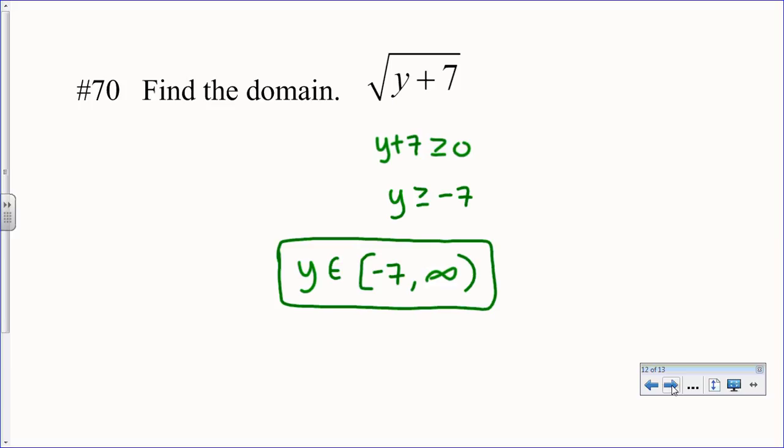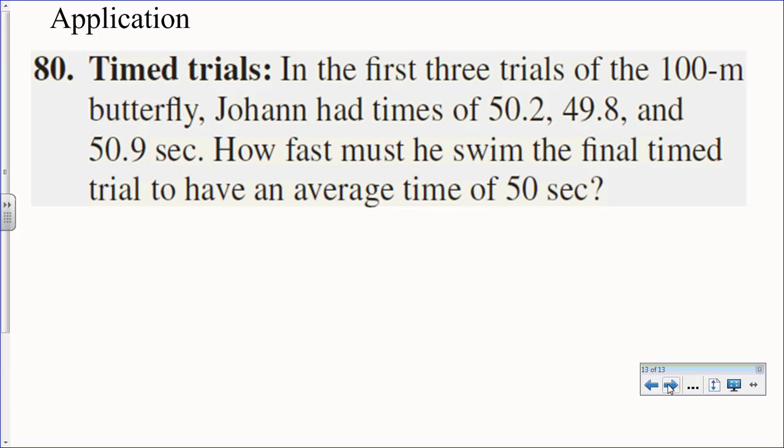Questions about that? Okay. All right, so we're going to do one word problem now. It's not too hard either, but we'll talk about it.